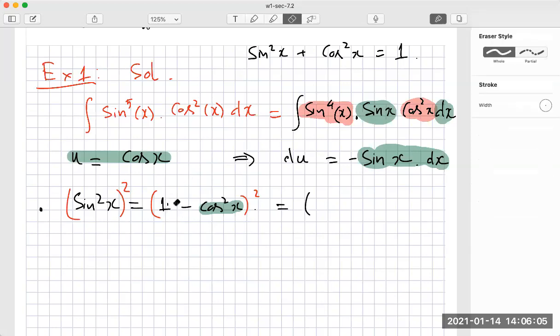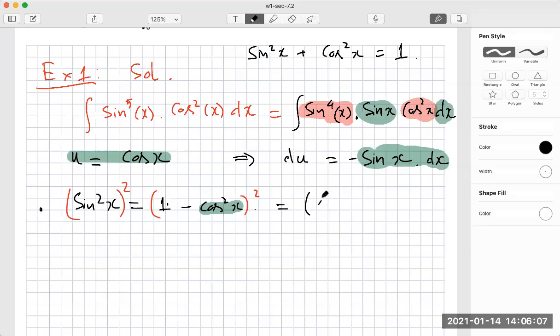The number here, we don't do anything with, we just rewrite it. And this is cosine squared. We know that u is equal to cosine. Therefore, u squared will be cosine squared, right? So we replace cosine squared by u squared. And this is all a perfect square of these, right?